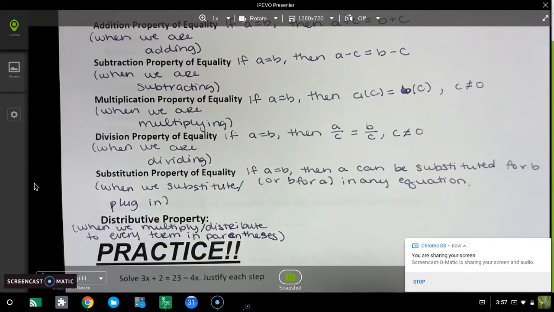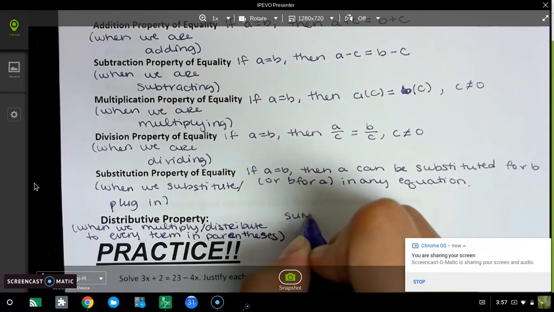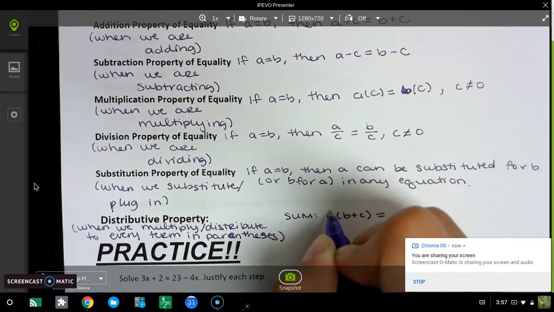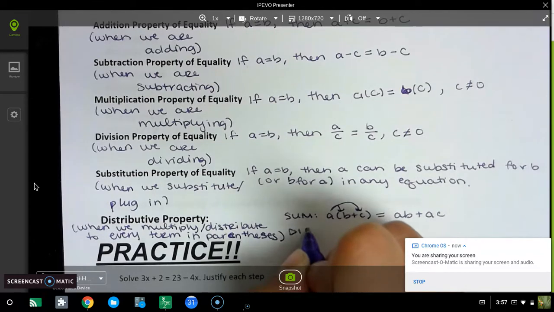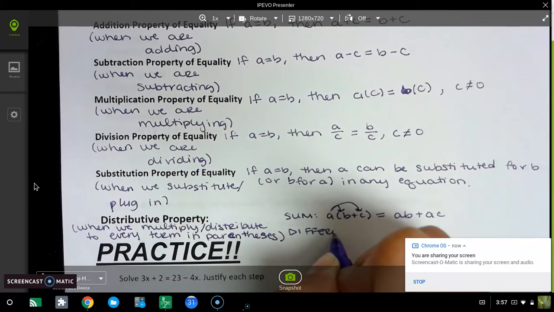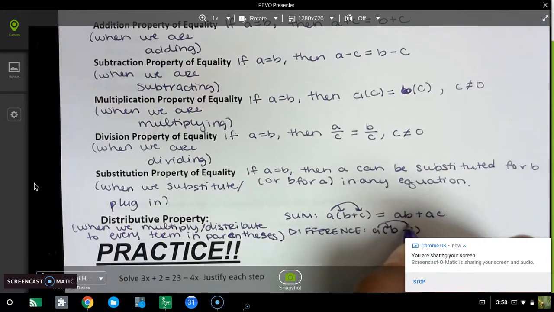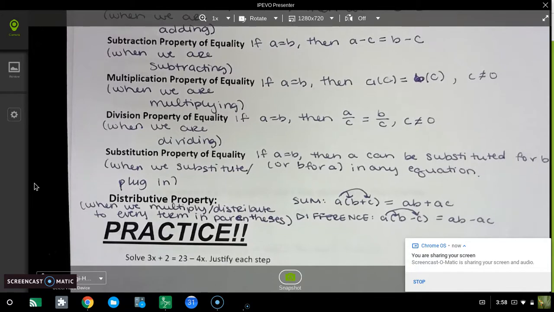When we distribute to every term in our parentheses. So for our sum, A times (B plus C) would become, distribute my A, A times B plus A times C. And for my difference, which means subtracting, A times (B minus C), distribute to every term, A times B minus A times C. That is our distributive property.